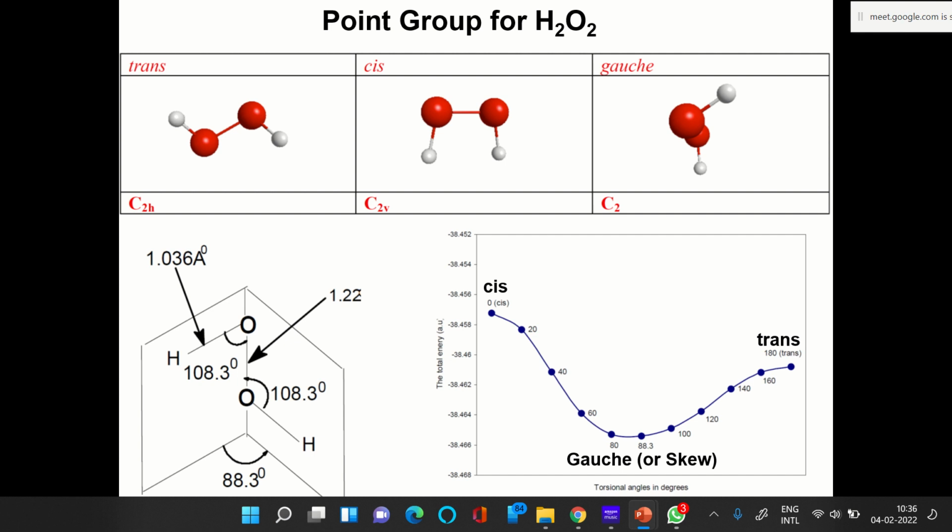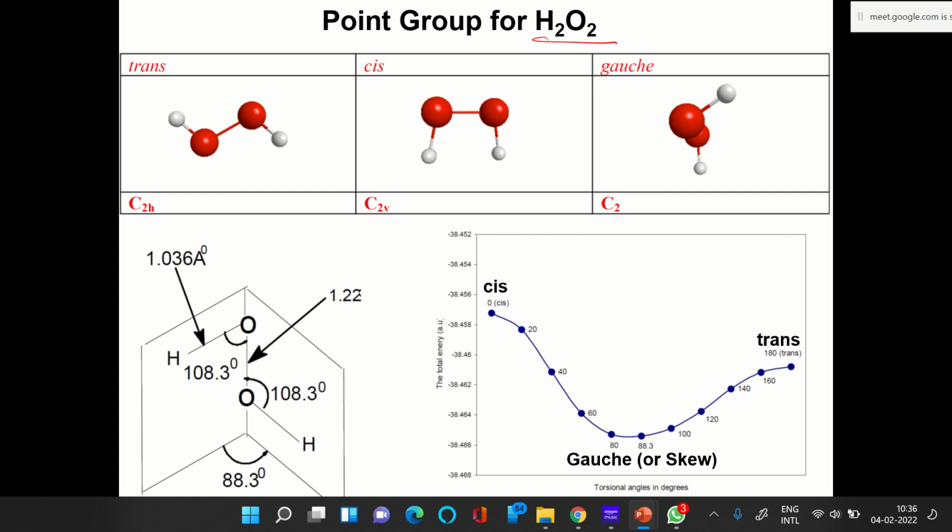The question may ask what the point group is in the gauche structure of H2O2, or in the trans structure of H2O2. Then you have to find it accordingly, imagine the geometry, and work it out. For example, H2O2 can have 3 different conformations.